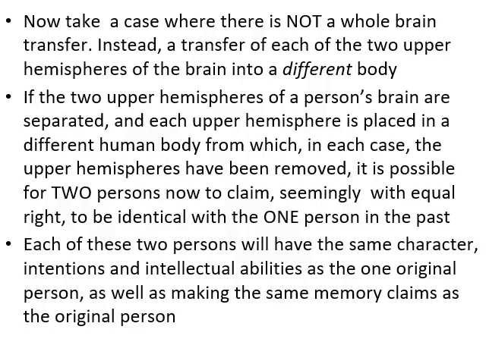So in this case, instead of the whole brain going into Nick's body, there is one body, Nick, which has all the memories, character traits, and intentions looking forward, what I'm thinking about for the future, and Robin equally has a person who makes the same memory claims, has the same character traits, and the same intentions.